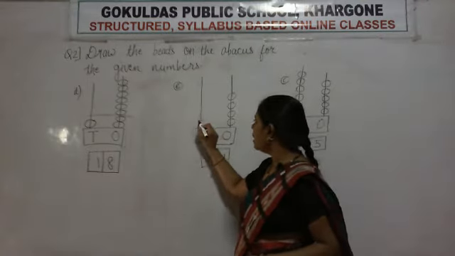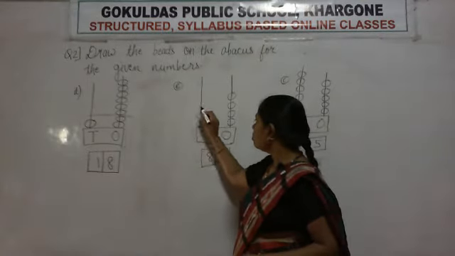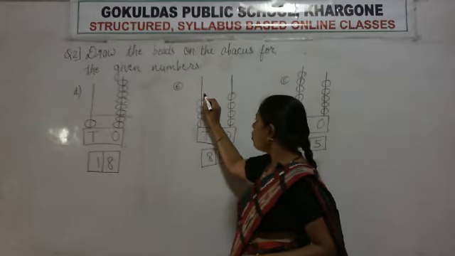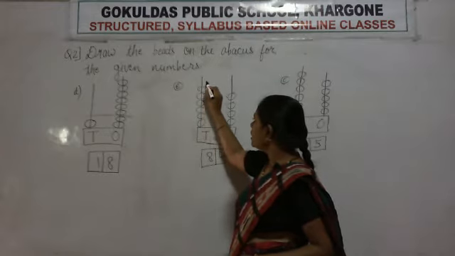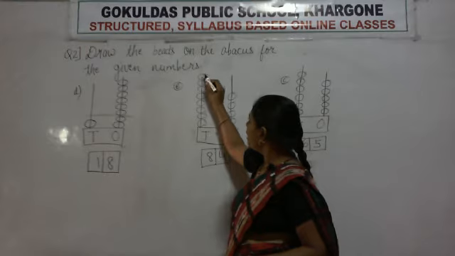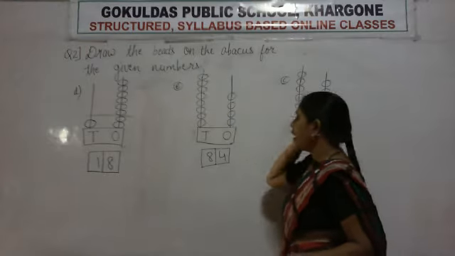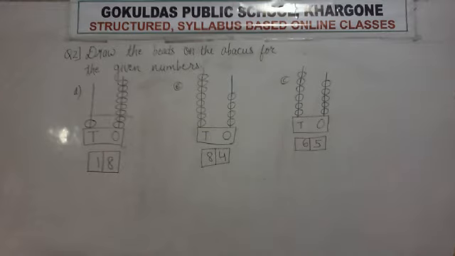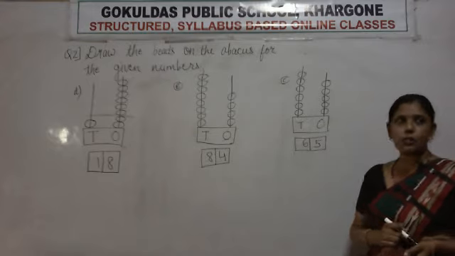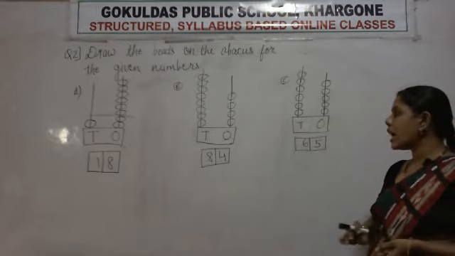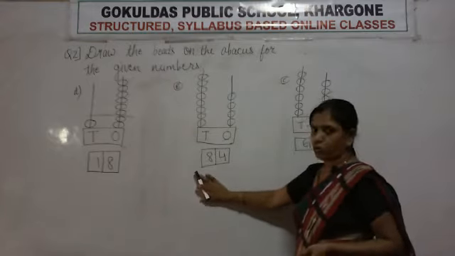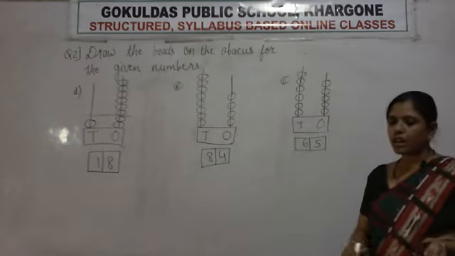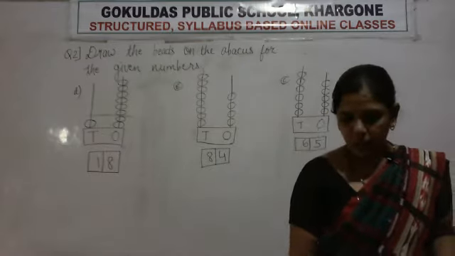Draw 1, 2, 3, 4, 5, 6, 7 and 8. So which number is formed here? 8484. In our previous question, question number 1, we wrote its number names also. Now in this question we are not writing its number name.